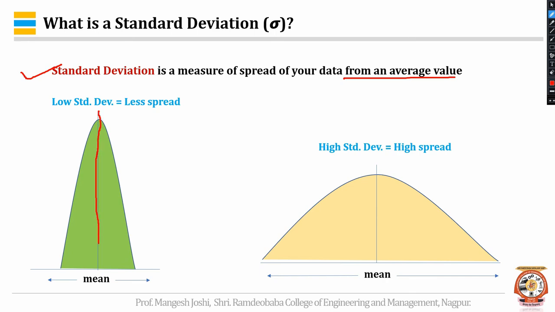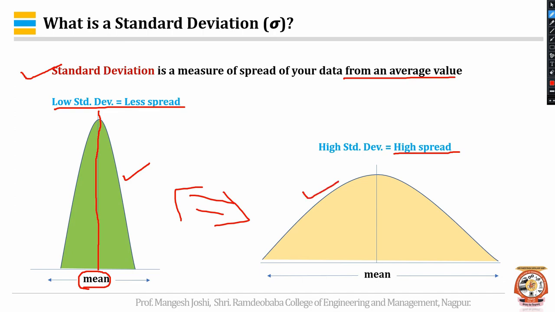If the spread of the data is less, the curve will be like this, with the mean value over here. If the spread is large, you will have a less tall curve. You can see the difference between these two curves. This is less spread and this is greater spread.